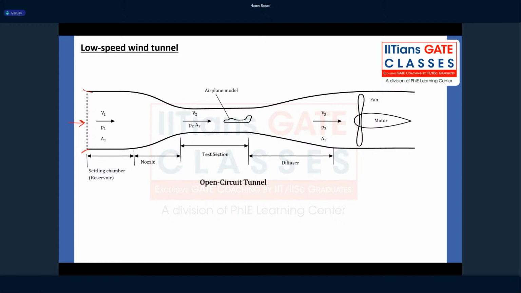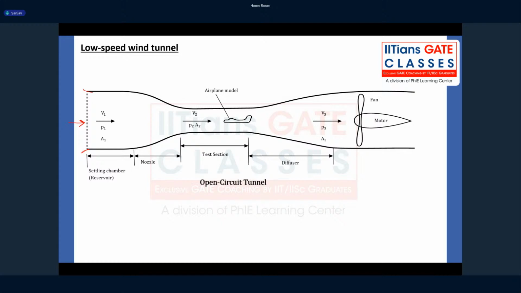Good. So, did you notice there's a fan at the rear? The fan runs and it sucks in the air. Have you noticed there's a fan? Yes. Okay, good.